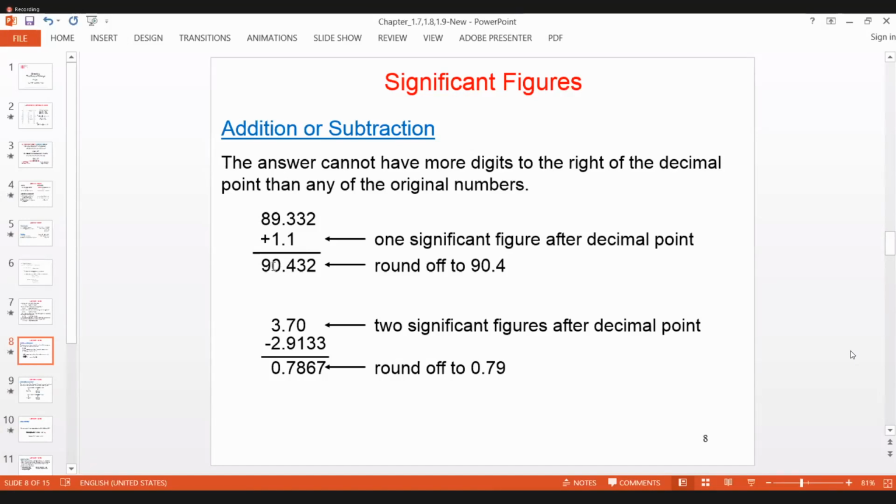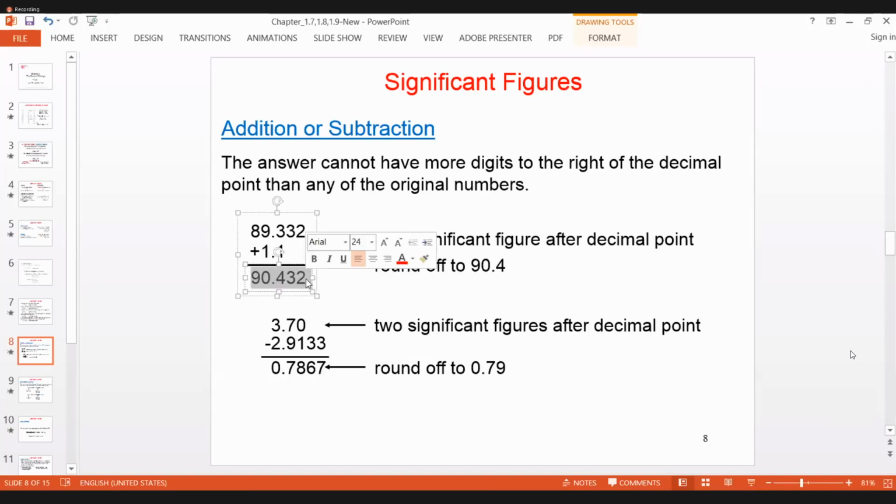So now you have 90.432. How many significant figures do we have in total? In this case, 90.432 means 5 significant figures. But we should have only 1 place after decimal. So you have to remove the 3 and 2 from here and your answer will be 90.4.